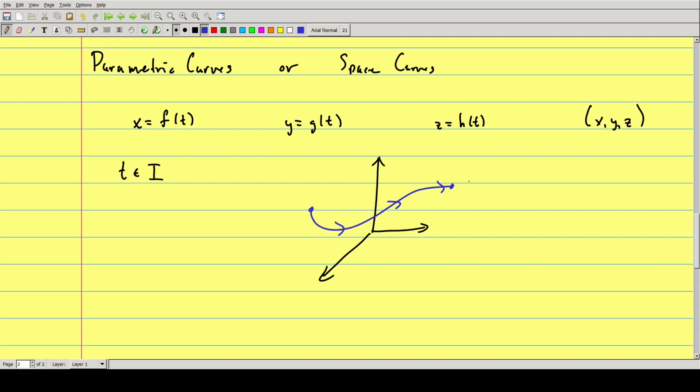Okay. There aren't any rules that say that the curve can't self-intersect or trace over itself or things like that. Okay. We call these vector functions because each of the components has to be a function. Okay. But the graph that we're looking at may not look like a function in the sense that you're used to.